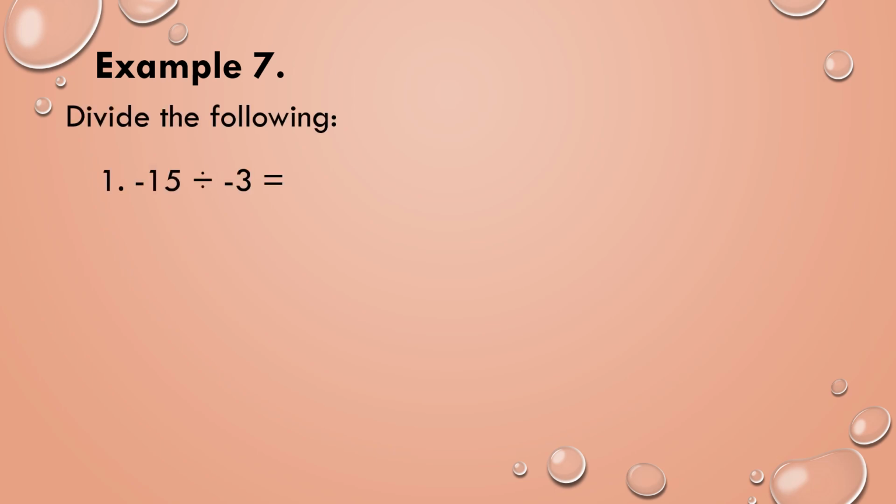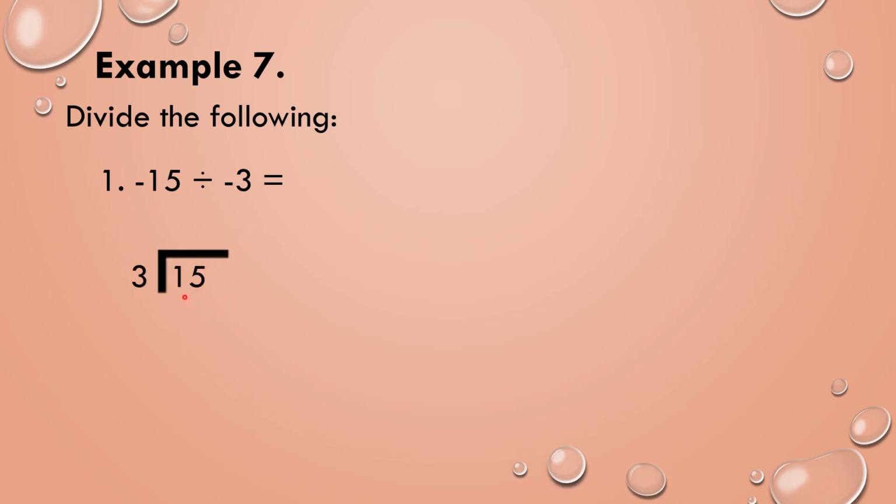Okay, let's have an example or different examples for the division of integers. Divide the following. Number 1, negative 15 divided by negative 3. So, ganun pa rin, yung basic na alam natin on how to divide numbers, ganun yung gagawin natin dito. So, let us divide 15 by 3. Huwag muna nating pansinin yung negative signs.